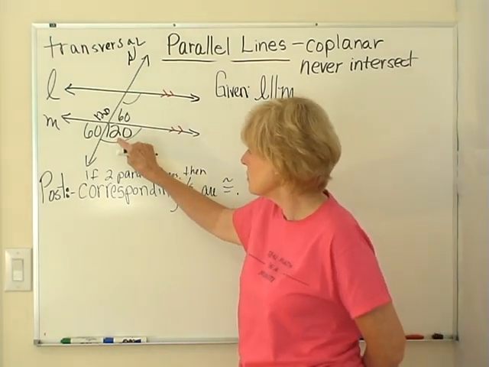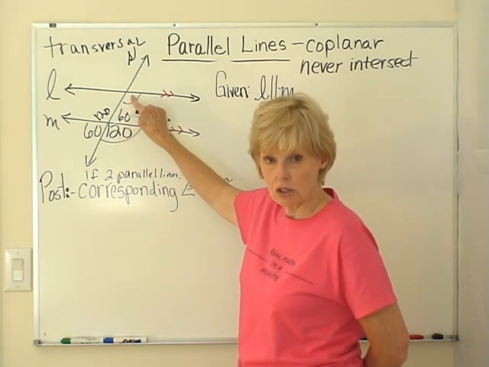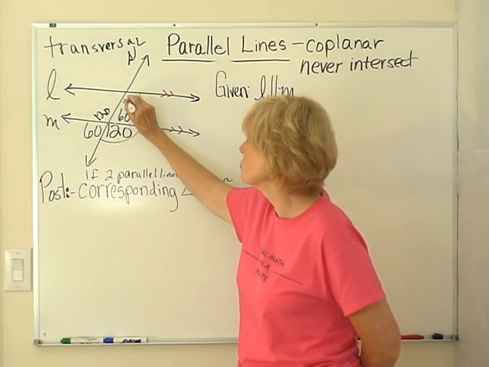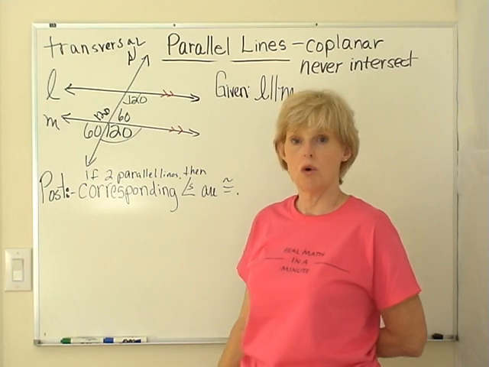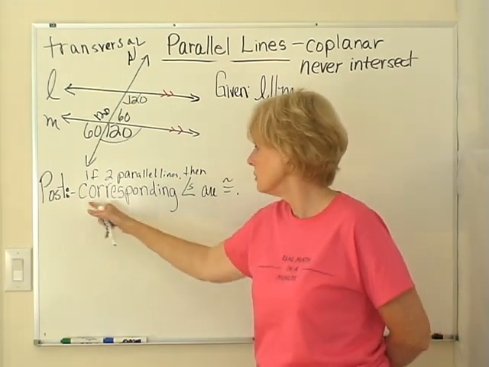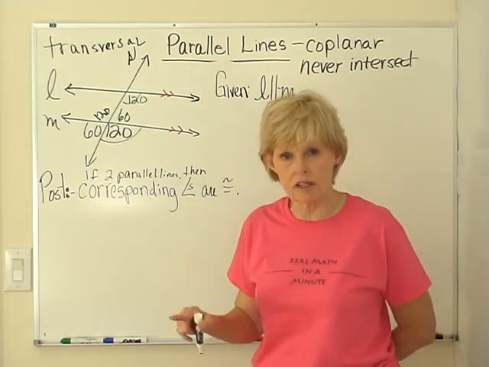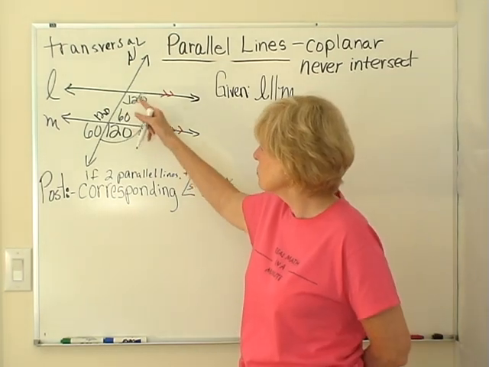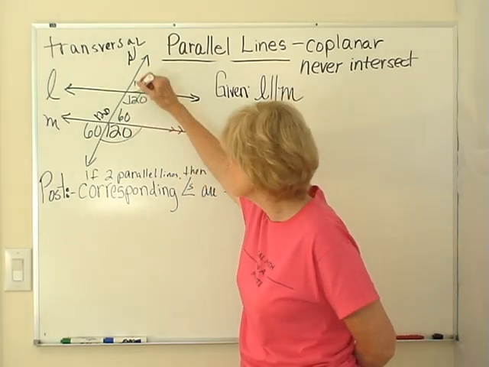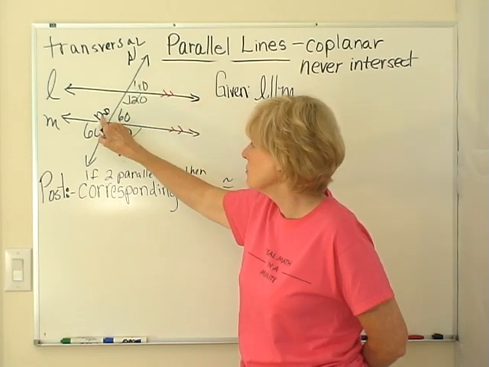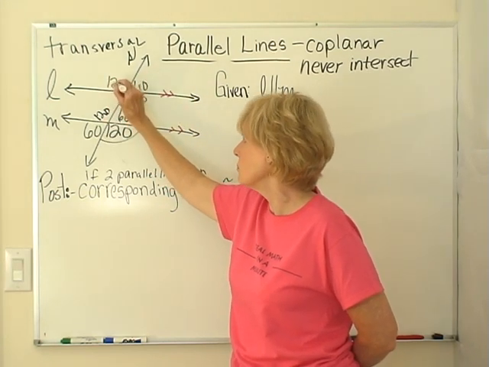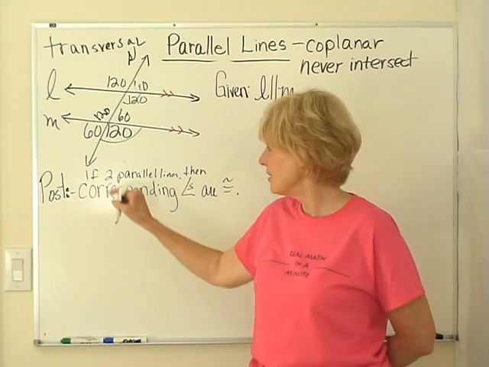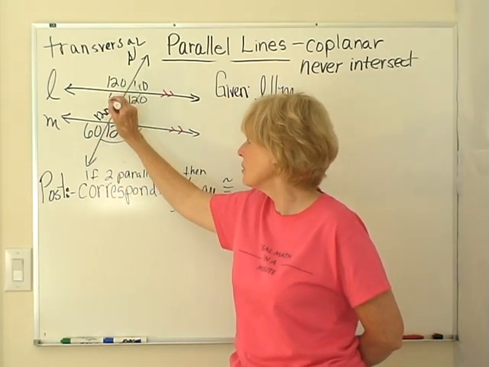So if we know that's 120, then that one corresponds to it, then that one is 120 also. Why? Postulate. Corresponding angles are congruent if lines are parallel. Done. And we can say, well, those two are corresponding, so they would have to be congruent. And we could say those two are corresponding, so they would have to be congruent. And these two are corresponding, so they would have to be congruent.